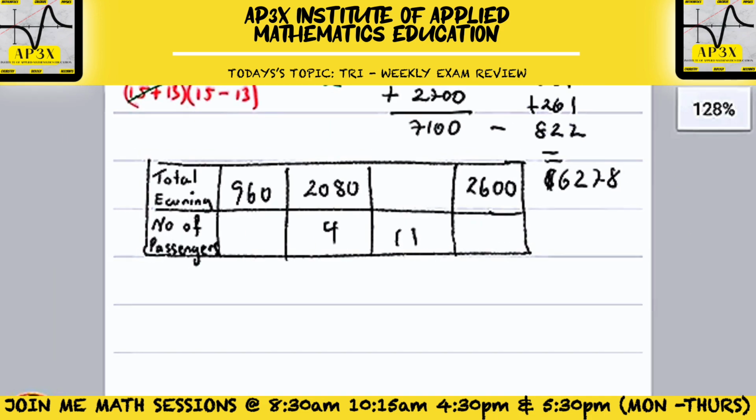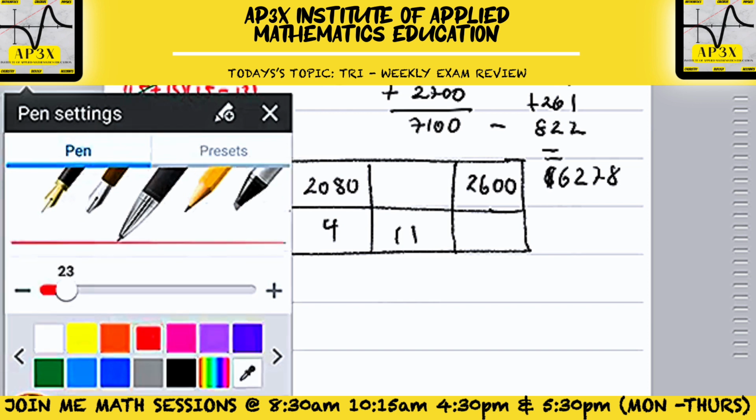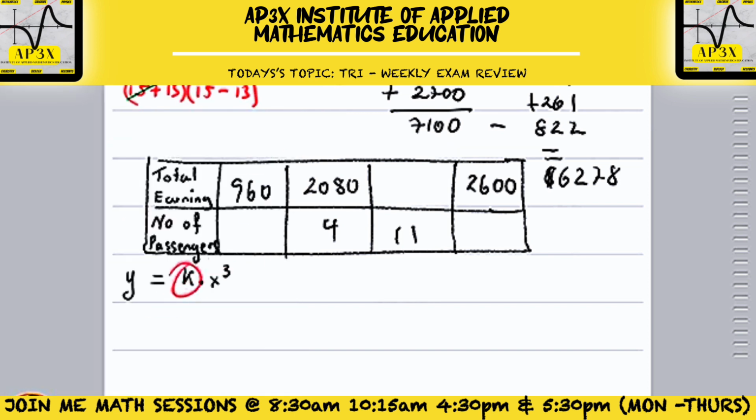On our blank slate here, you'll see the corrections being made, and so our formula that we're working with here is in fact y is equal to k multiplied by x cubed. And as advised time and time again, in order for you to evaluate a variation problem, you need to obtain the value of the constant of proportion, or the constant of variation. Now, a few of my students, I don't think I may have necessarily taught them directly how to approach the table questions, so they did find that challenge.